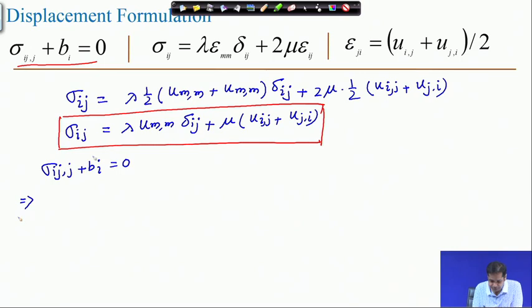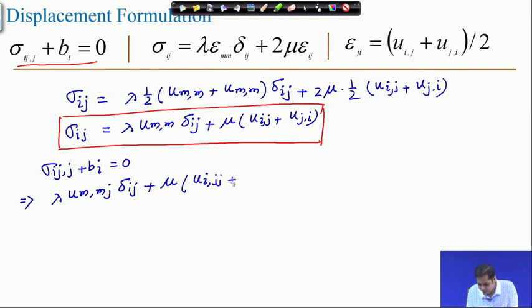So, if we differentiate the entire thing with respect to j, it becomes lambda u m comma m j delta ij, plus mu, you have u i comma j j plus u j comma i j. Okay. Then plus b i, that is equal to 0.